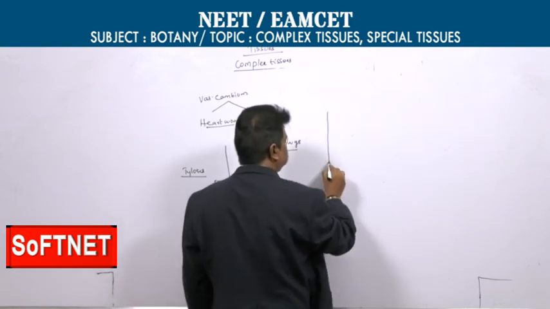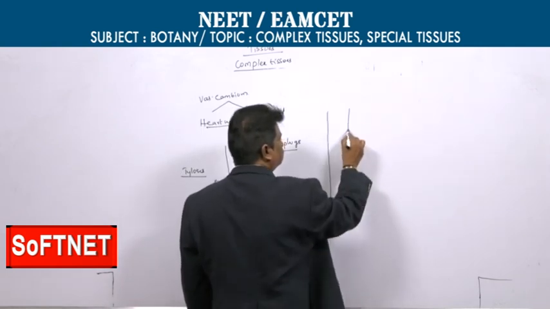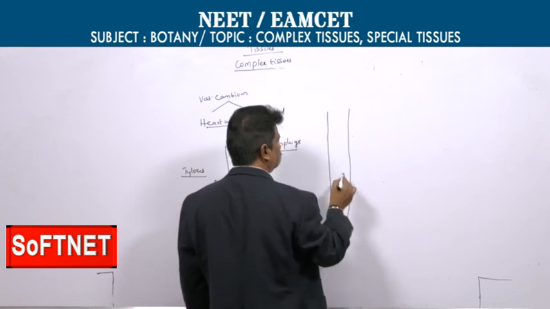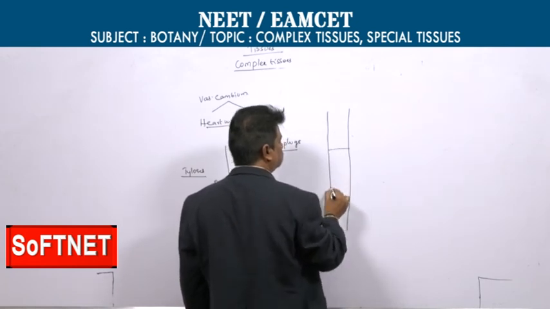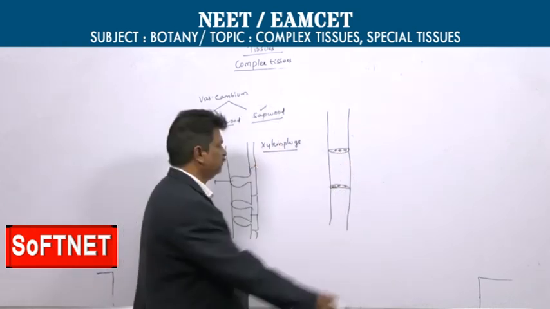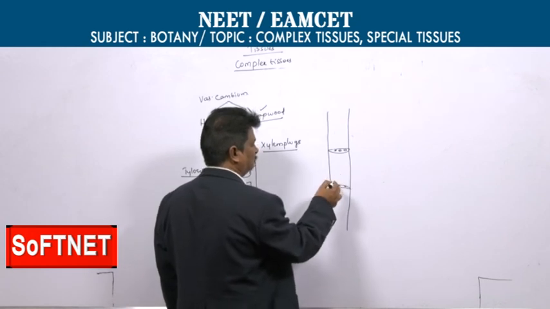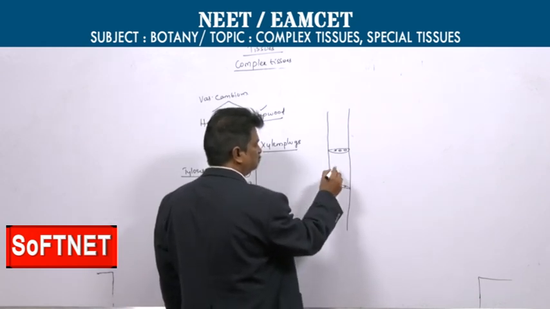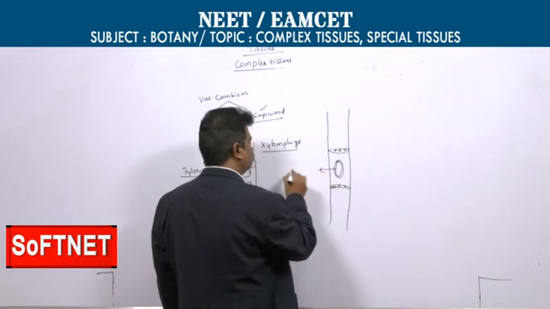Then the next one, phloem. In phloem, inside the sieve tube, a special protein is present.